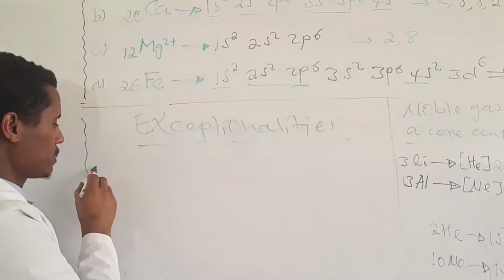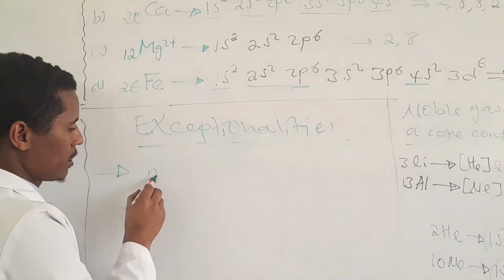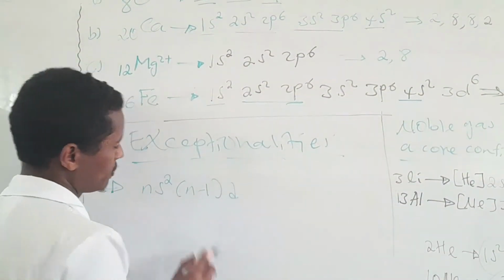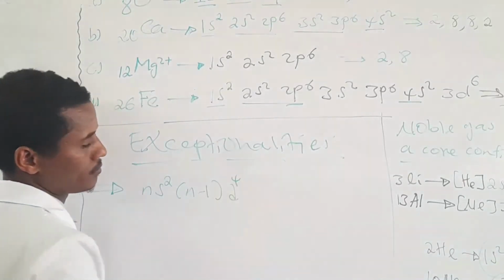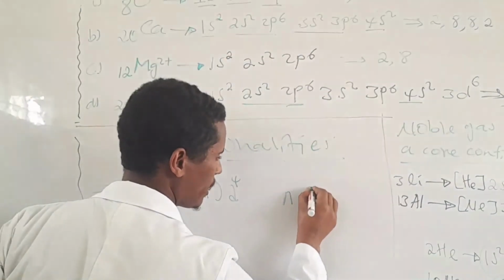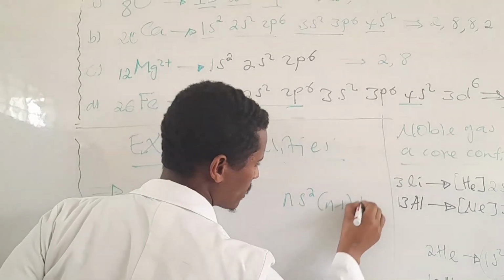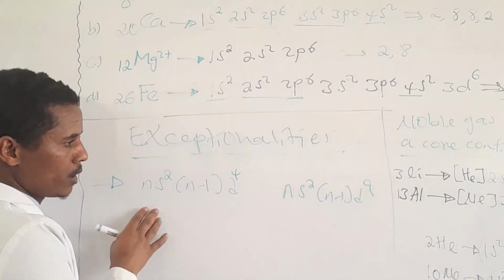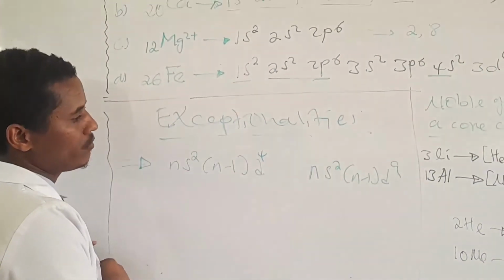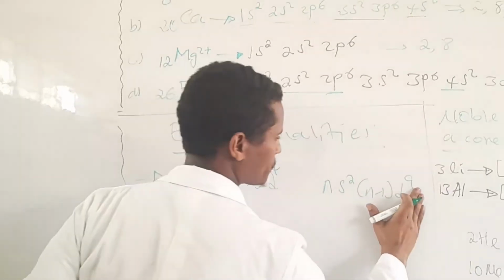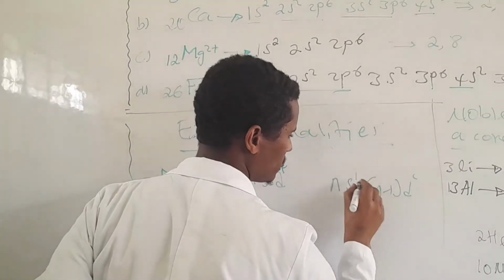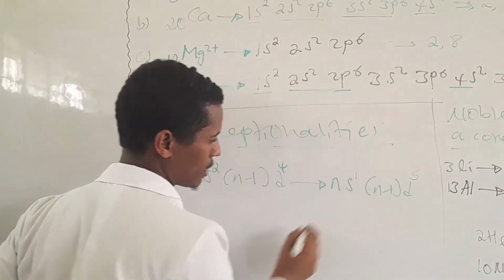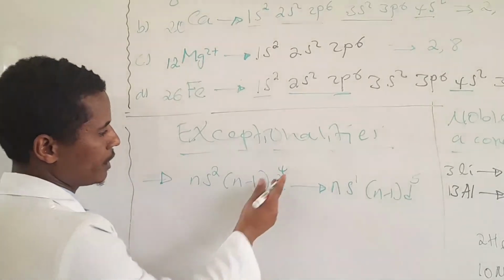So let's take this one: ns2 (n-1)d4. When this configuration is faced in a problem, you can convert it to ns1 (n-1)d5. This means the first configuration is what?